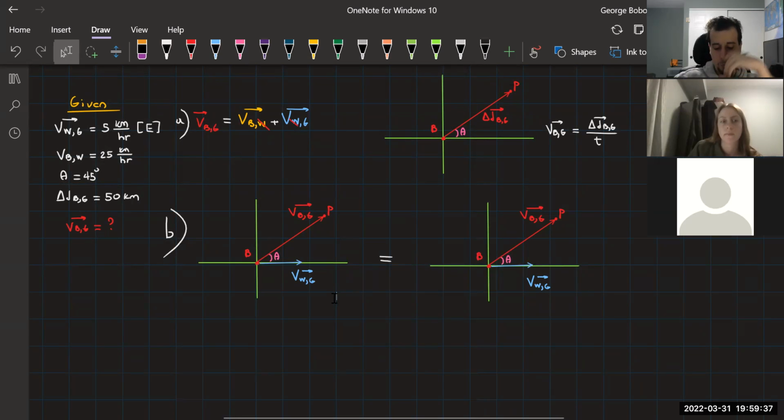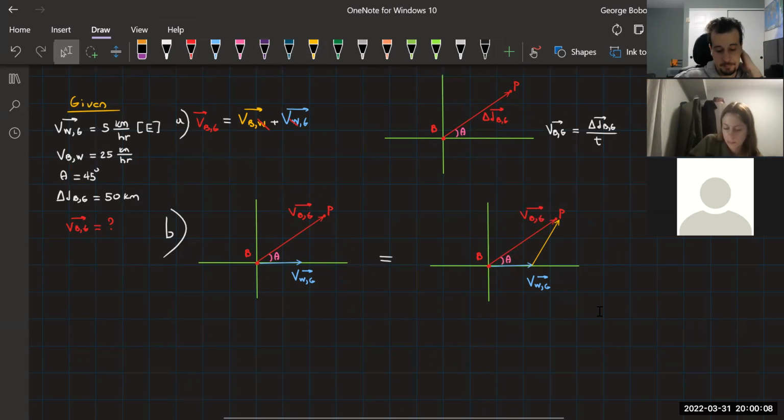Okay. So we've got to add a vector to this so that we get the red guy. Obviously here then, that's going to be what we need to add. We fill in the triangle. So this plus this gets us the red. Again, the yellow plus the blue gets us the red. Yellow plus blue equals red.